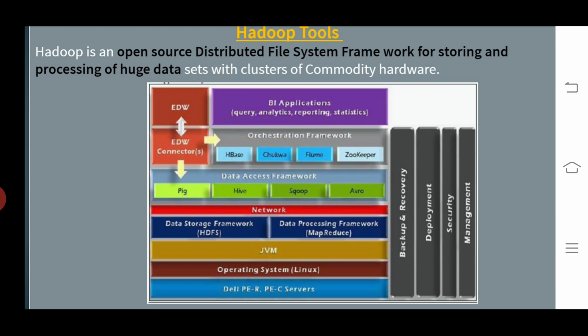Hadoop is an open source distributed file system framework. It is nothing but a template for storing and processing a huge amount of data sets with clusters, that is, groups, of commodity hardware. Now we can learn about the Hadoop tools.